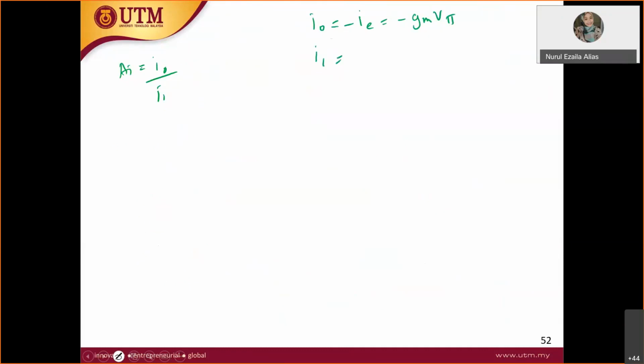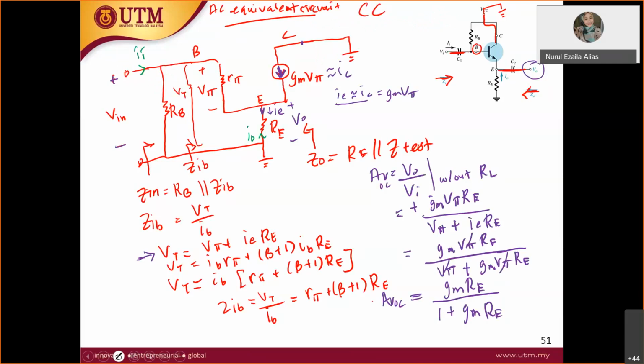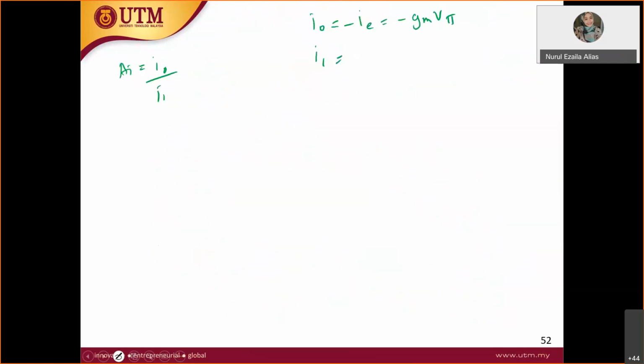What is I in? How can you get I in? From the past class, how do I get I in? What did I do, student? Usually the current divider rule, right? Still remember? Yes, okay. So if I want to draw again the circuit at this input part, I have here RB.